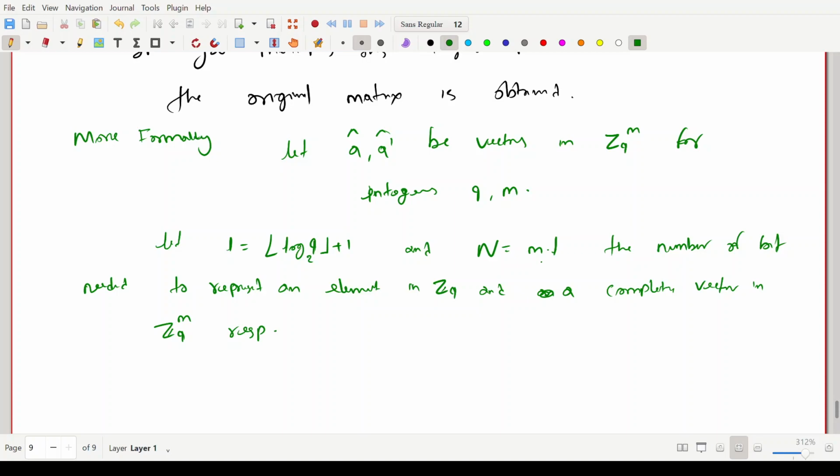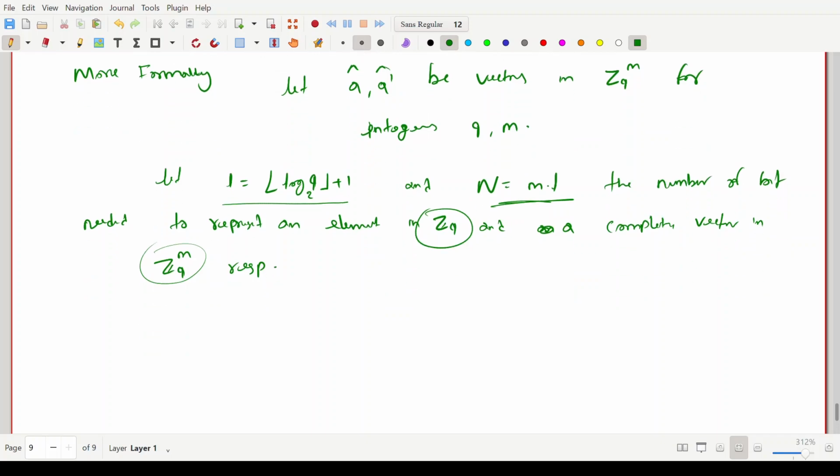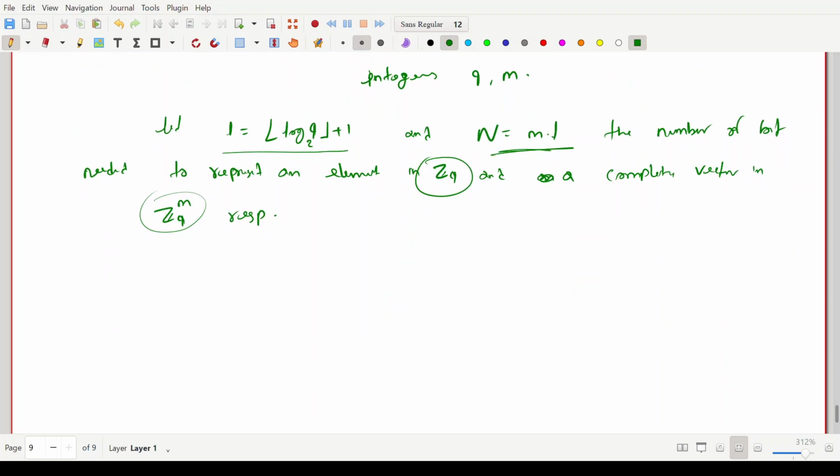That means if you want to represent anything, the number of bits required is L for an element in ZQ, and this much for a vector in ZQ^M, multiplied with M. It is just saying the bit length of that. Yeah. So what is the bit decomposition of this a?